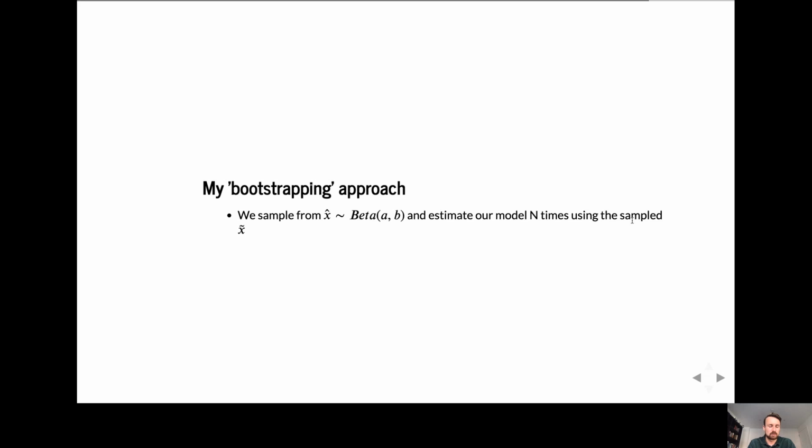Because we have these posterior samples, we can simply take maybe only 100 samples from our distribution every time we estimate our model, use all those samples from the different iterations, and take them together to get a new posterior distribution that does include this estimation error inside our x hat.